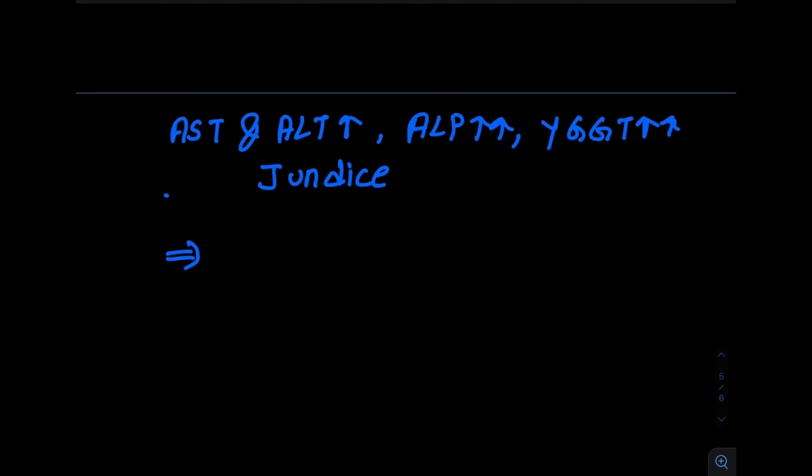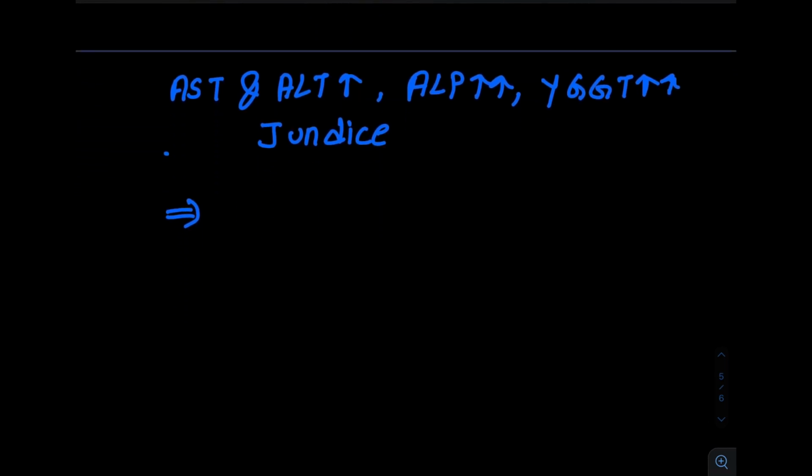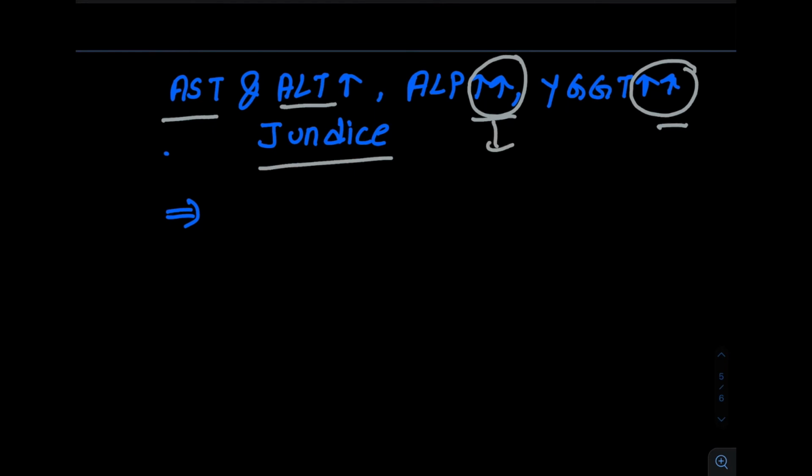In the next scenario, we have a rise in AST and ALT, but more importantly, alkaline phosphatase and gamma glutamyl transferase are more prominently raised, and the patient has jaundice. As we know, this is associated with the biliary apparatus, so it has to do with the biliary tract or common bile duct.